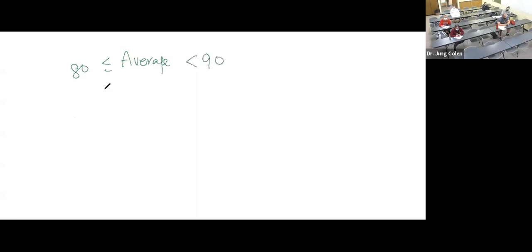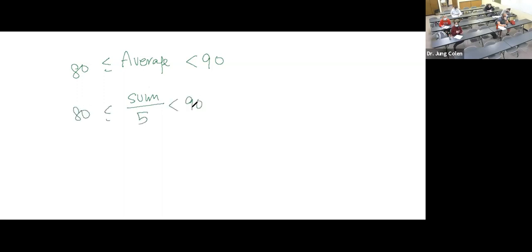Is it okay so far? And the average should be the sum of all the exams divided by how many tests, right? How many tests are there total? So far there are 4, but we're going to have 5 of them total, right? So divided by 5 should be greater than or equal to 80 and less than 90.